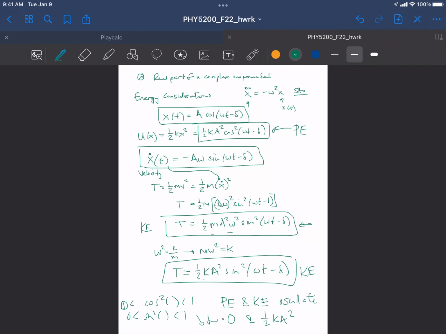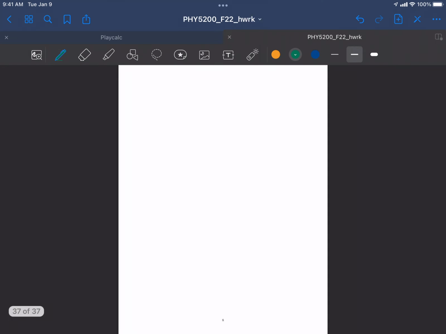And when the potential energy is as large as it can be, which means that this omega t minus delta is equal to 0, let's write this out.